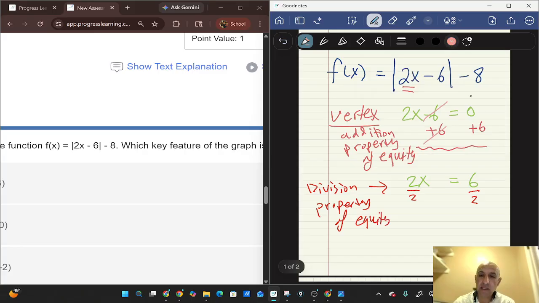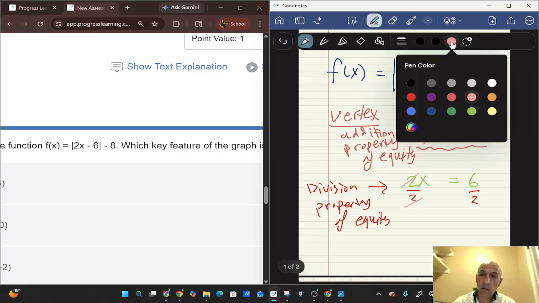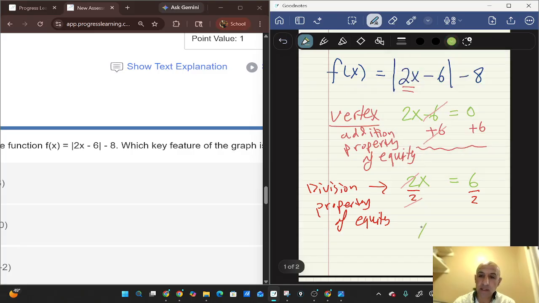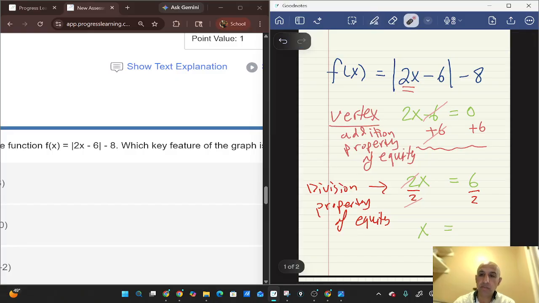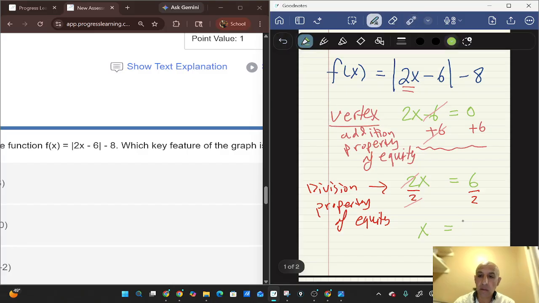We can cancel the 2 with the 2 because 2 divided by 2 is 1. We take the x down equal to 6 divided by 2. So we are talking about 6 divided by 2, which is equal to 3. So we found now the value of x that makes what inside the absolute value as 0.